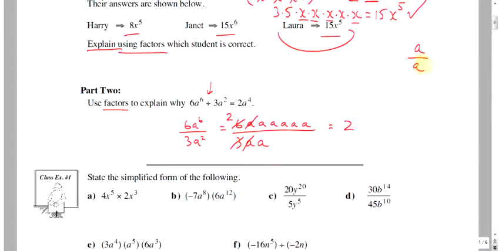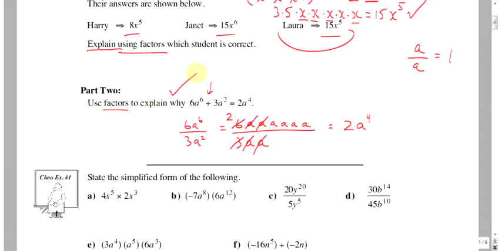Well, nothing kind of is like 0. It's 1. Okay? Anything divided by itself is 1. That a divided by that a. It's 1. So I have 2 times 1. What do I have in the bottom? A 1. But do I need to write it? No. How many a's do I have left? 4.